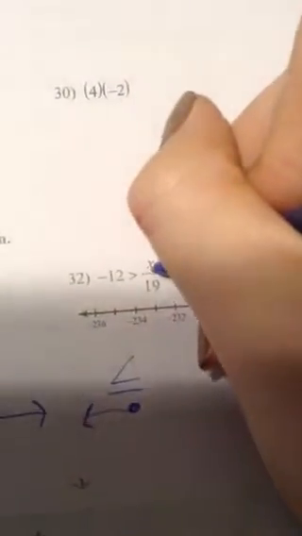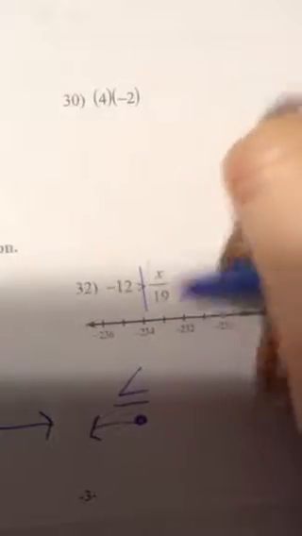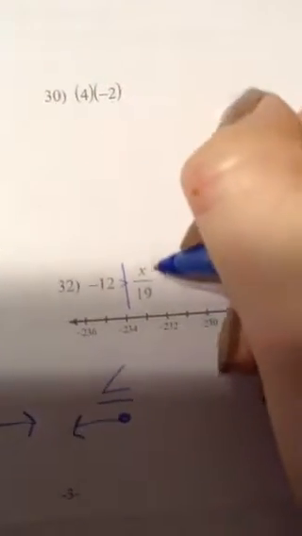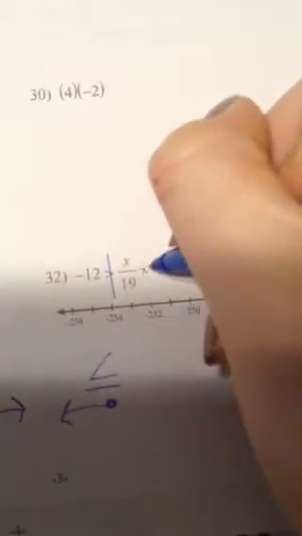For number 32, remember, if I see a fraction, that means my variable is being divided by 19. The opposite of dividing is multiplying.